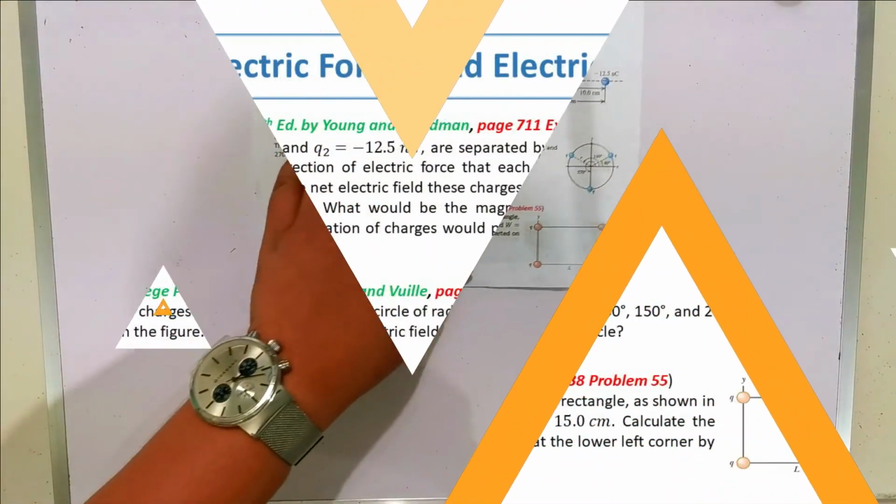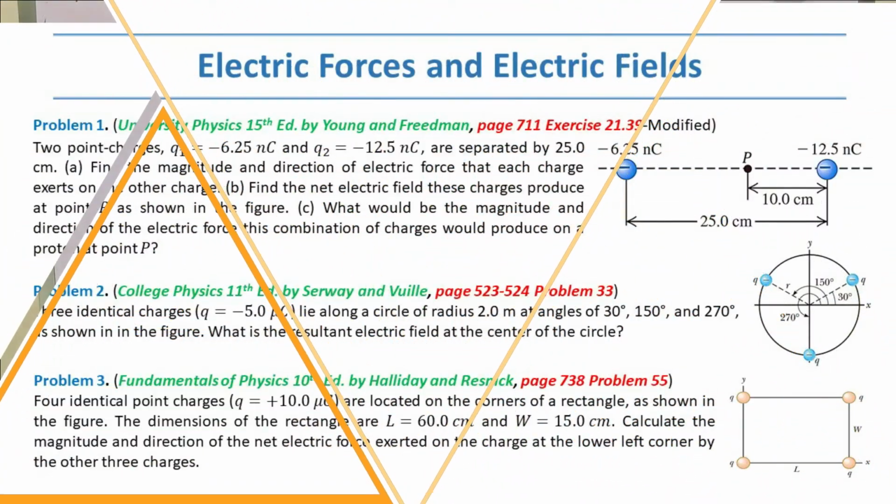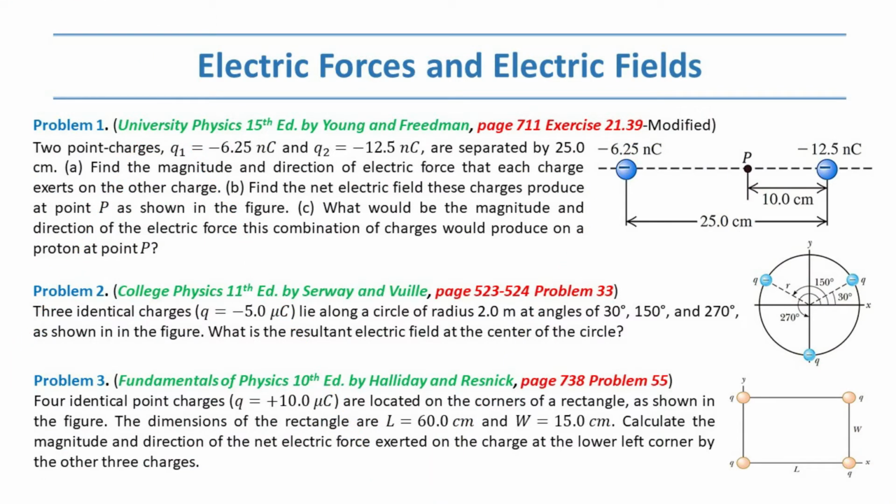Okay, so for our last problem, we have the problem from the 10th edition of the Fundamentals of Physics by Halliday and Resnick. And this is problem number 55. So in the problem, you have 4 identical point charges which has a charge of positive 10.0 microcoulomb located in the corners of a rectangle. So as shown in the figure.